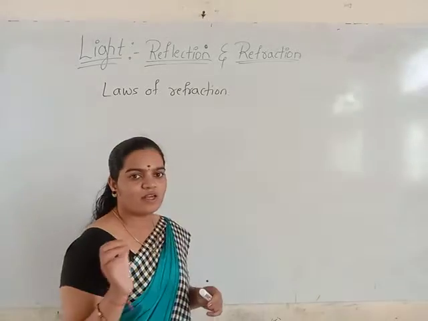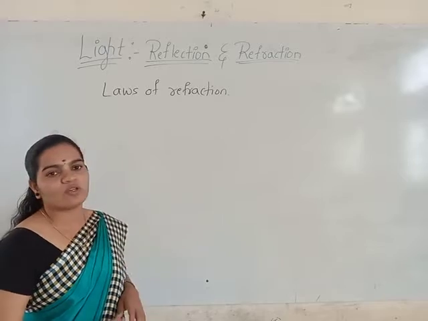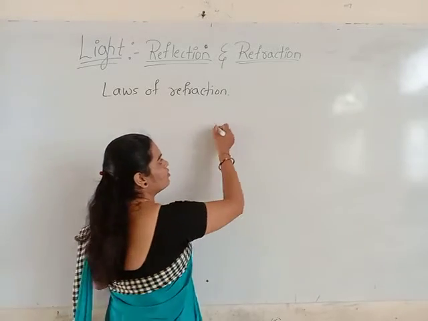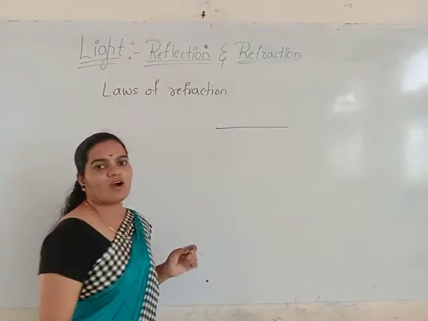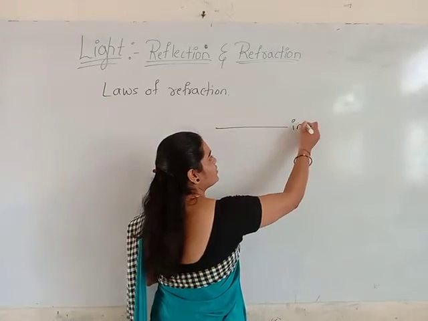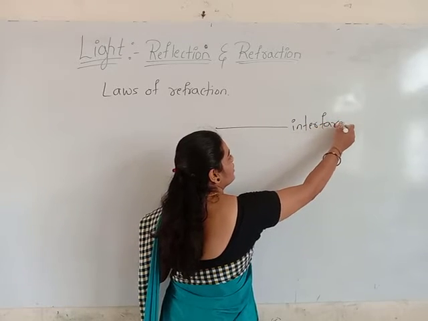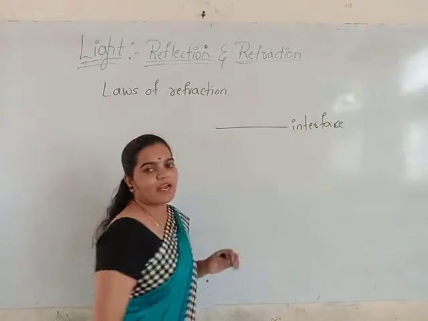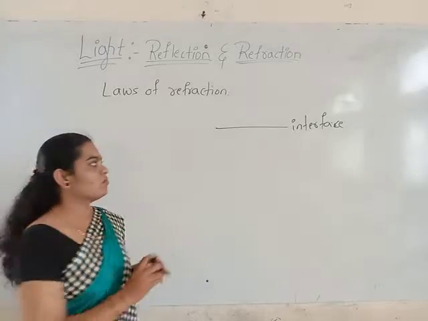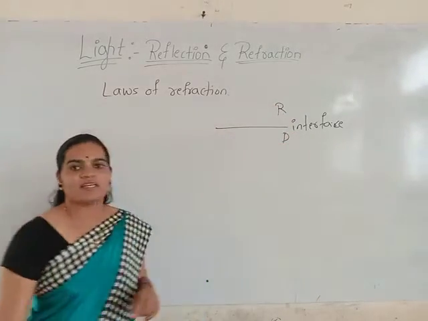So I will roughly draw you the diagram of how the refraction seems to be. If this is a line, what is this line? This is an interface. It separates two mediums. I can call one a rarer medium and another a denser medium.